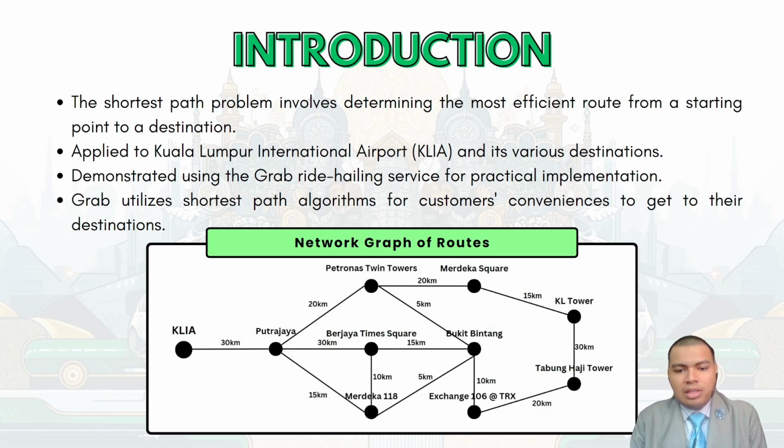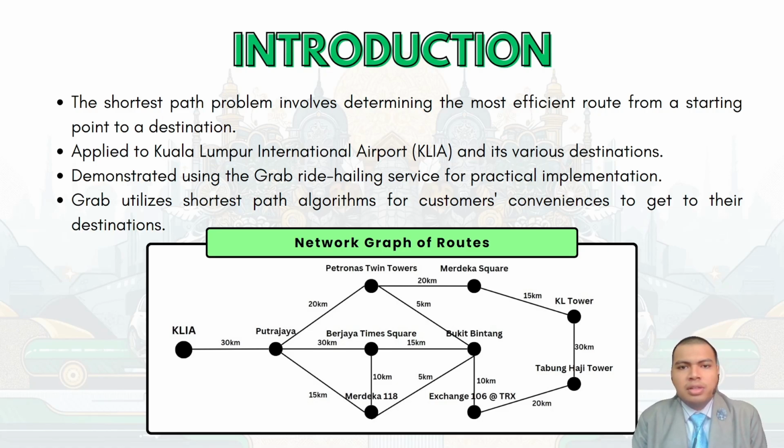After that, they connect with the next nodes or vertices, and every edge has its own different distance. There are 3 nodes after that, which are Merdeka Square, Bukit Bintang, Exchange 106, and TRX. And after that, we have 2 nodes for the last, which are KL Tower and Tabung Haji Tower.